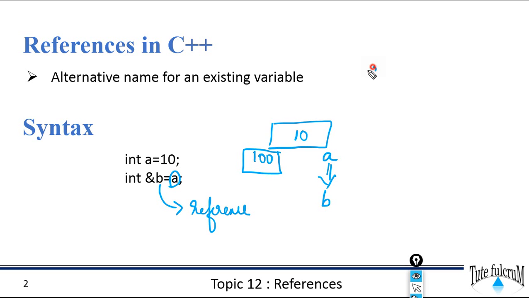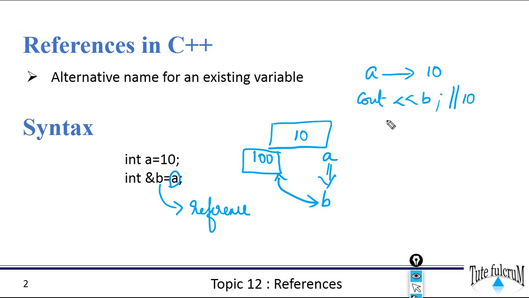That is, the initial content of a is 10. So if you use a cout statement and check the value of b, you will get the output as 10. Why? Because b is also referring to a. A and b have the same address 100. Both are sharing the same location and the content is 10.